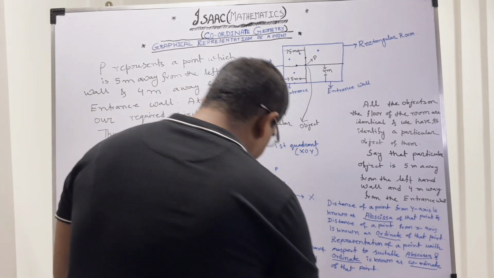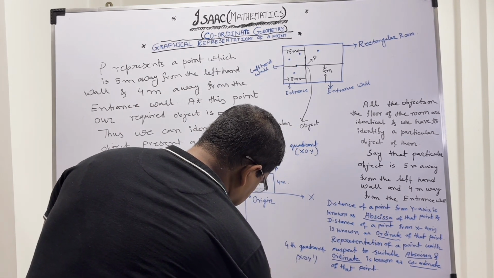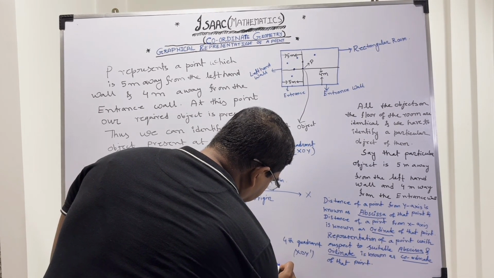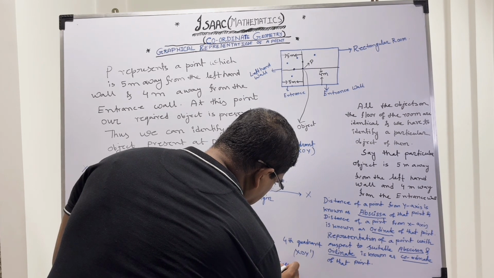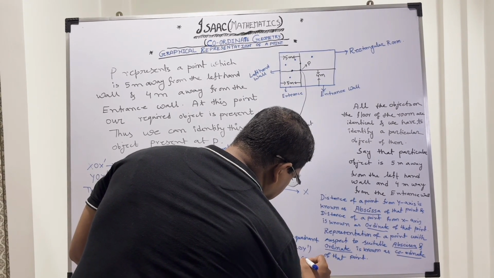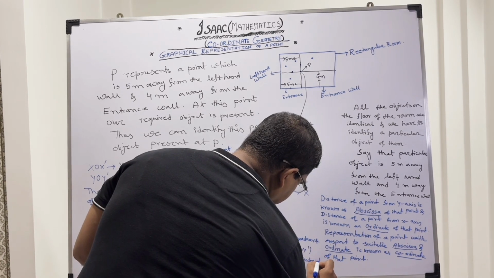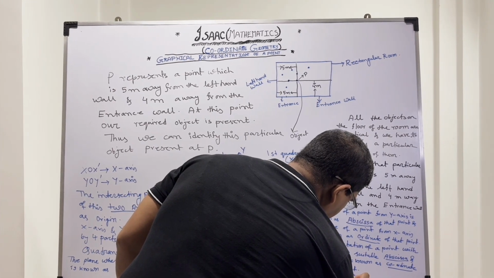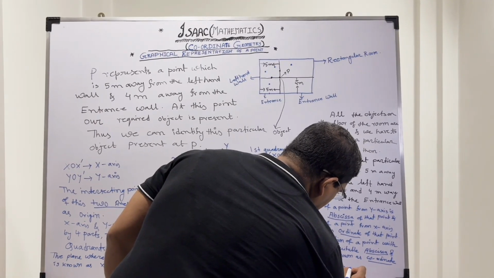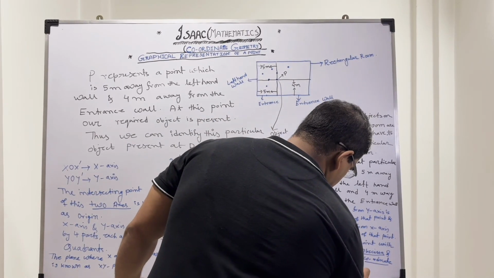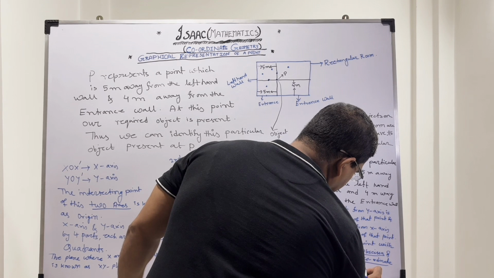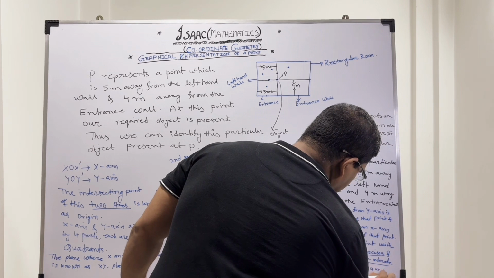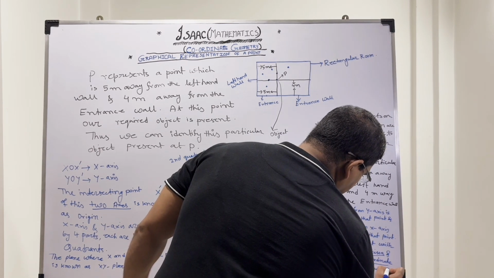So here abscissa and ordinate of the point P are 5 and 4 units or meter.